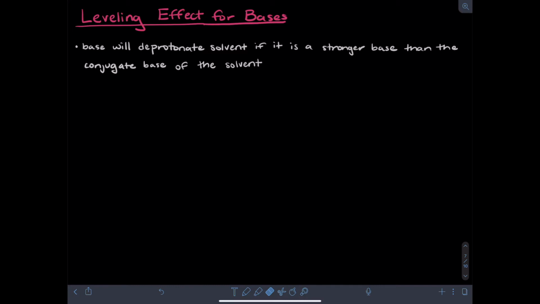We can also have leveling effects involving bases. In this case, a base is going to deprotonate your solvent if your base is stronger than the conjugate base of the solvent. So let's consider an aqueous solution of NH2-.